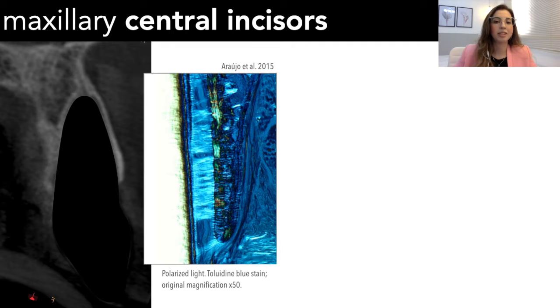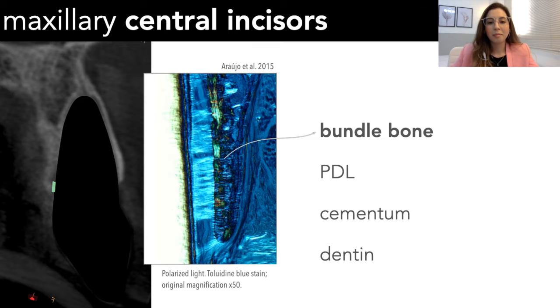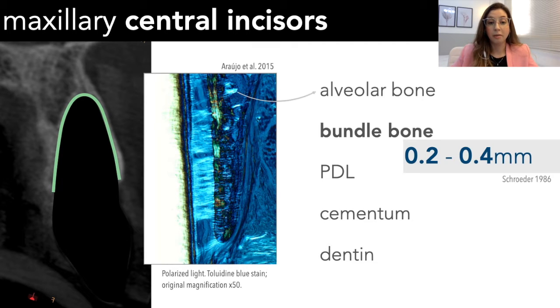It is special because it is made of two types of bone. Let's see a histological section. From your left to your right, you'll see the dentin, then the cementum, the periodontal ligament, and the buccal bone wall that presents the bundle bone and the alveolar bone. The bundle bone is the bone that faces the root surface, and it is nothing but mineralized periodontal ligament, totally tooth dependent.